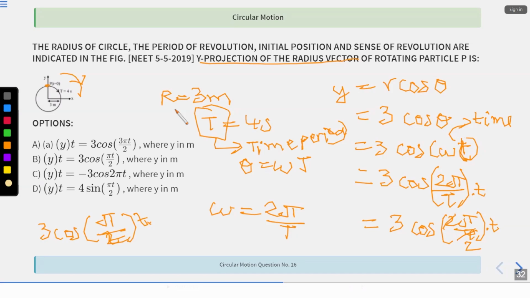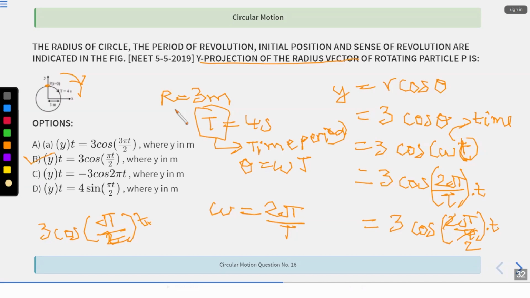So this is what you get. Therefore, y of t is equal to 3 cos pi t by 2, where y is in meter.